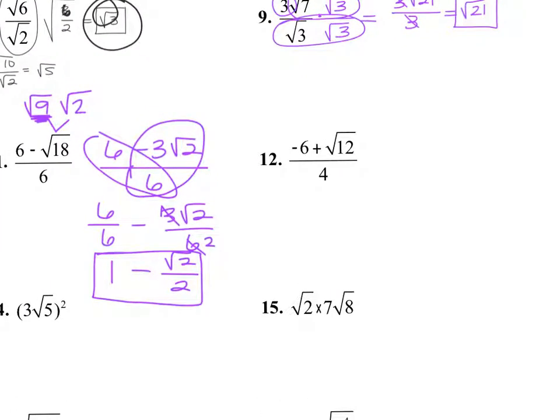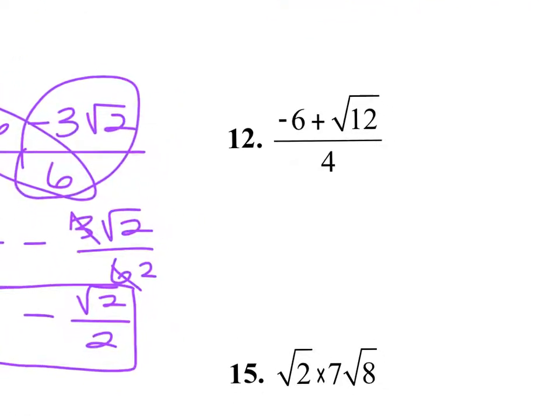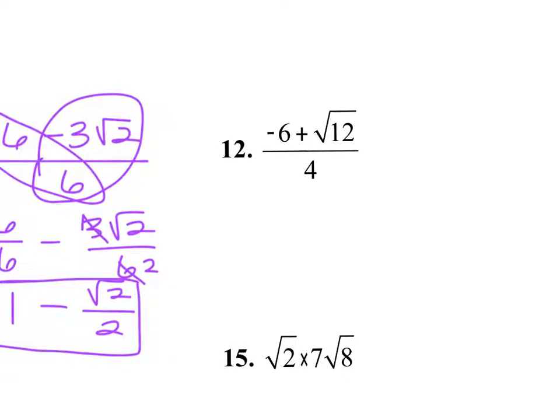Number 12. How we doing? Pretty good. Okay, so rad 12, eventually you're going to get so used to seeing these numbers that you're just going to remember what it is. Anyone remember what rad 12 is off the top of your head? It's 4 and 3, but it's 2 rad 3, right? So it's negative 6 plus 2 rad 3 over 4. You need to divide both parts by 4.